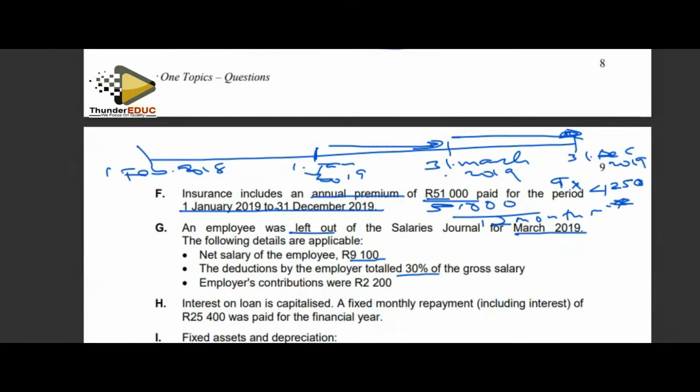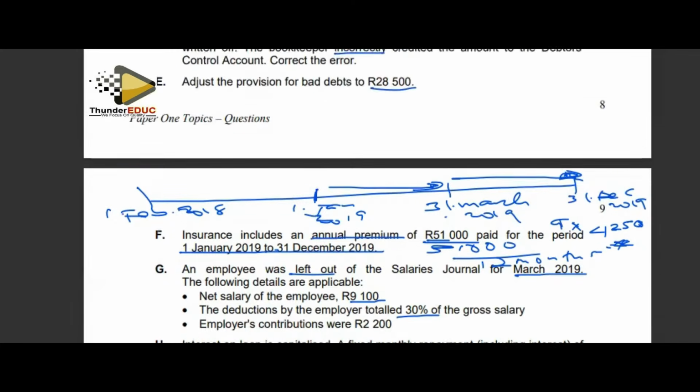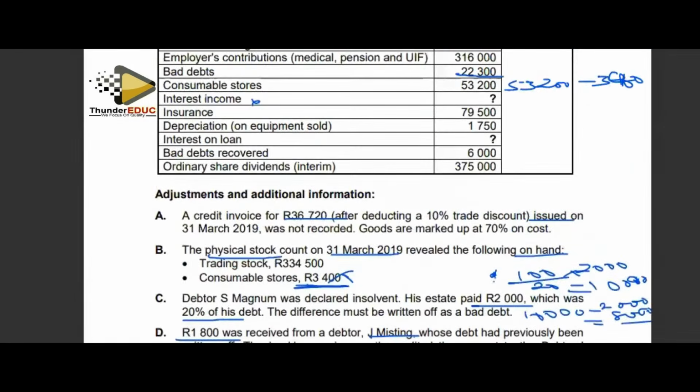But the figure is given in the trial balance, we paid the full amount of 79,500.